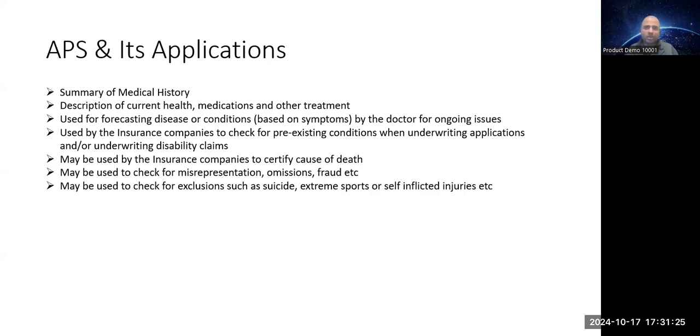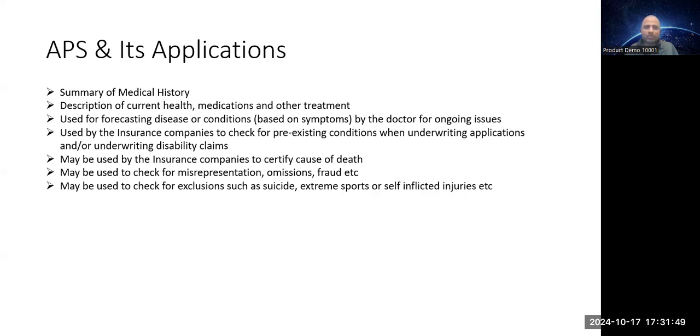Description of current health, medications, and other treatments used to foreshadow disease or other conditions by the doctor for ongoing issues. It is used by insurance companies to check for pre-existing conditions when they're underwriting applications or coverage. Your disability claims may be used by the insurance companies to certify cause of death.